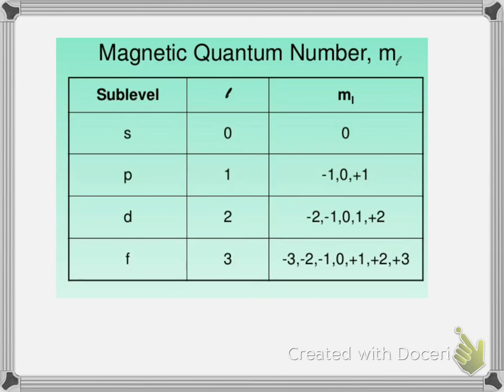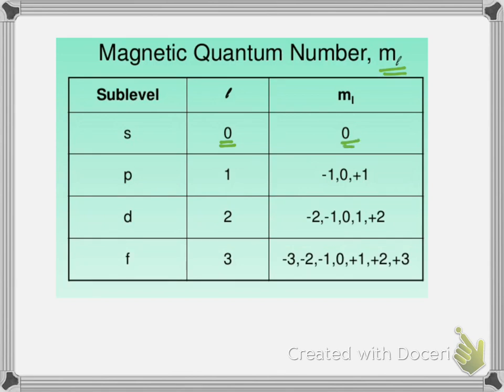Next quantum number is called the magnetic quantum number. m sub l is the abbreviation. This one tells you about the orientation of the orbitals. So, for example, if I have l equals 0, m sub l can only be 0.